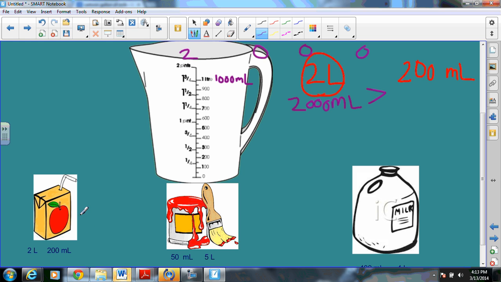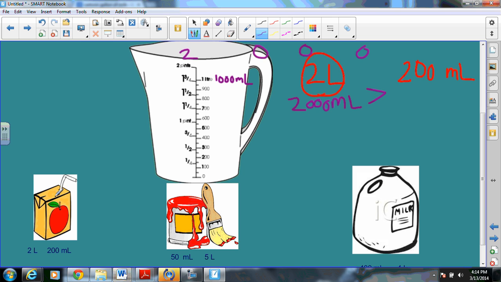So I look at this juice box here, and if I want to decide, is it 2 liters or 200 milliliters that would fit into this juice box? I can make it equal, just like I did up here. I already did the problem kind of for you. 2 liters is really 2,000 milliliters, and it's much more than 200. Do you think that I could fit 2,000 milliliters into this little drink box?